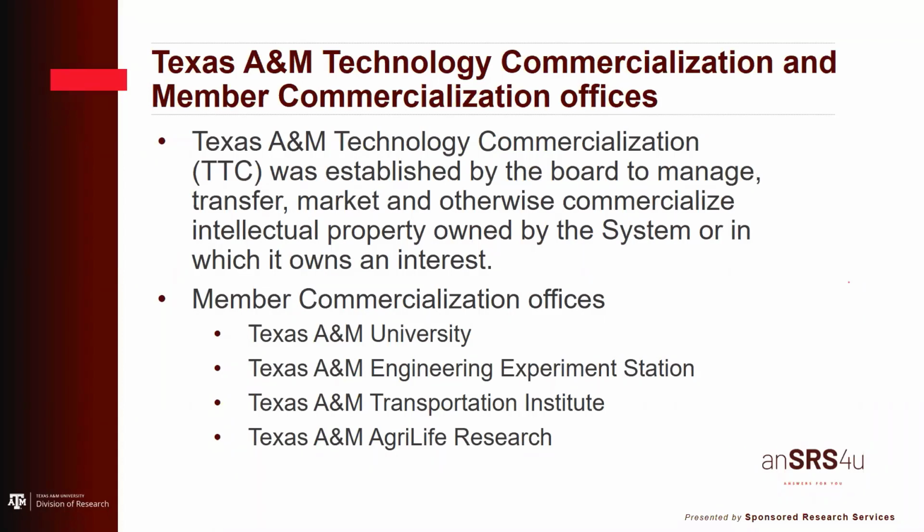Each of us has maybe a slightly different name, but in policy we're referred to collectively as commercialization offices. So if you're a researcher and you previously worked with someone in the central office, if you're in the same department, then likely your licensing person that you worked with previously is now residing at one of these commercialization offices.